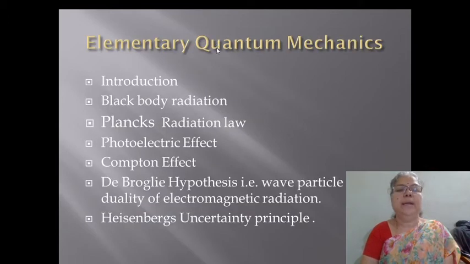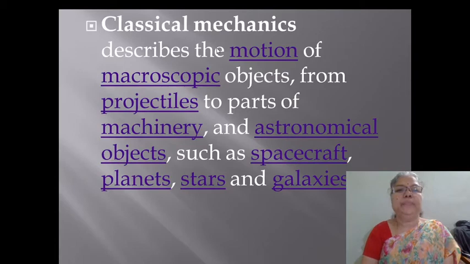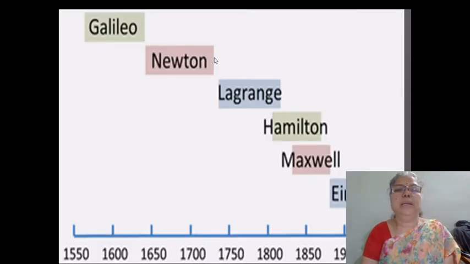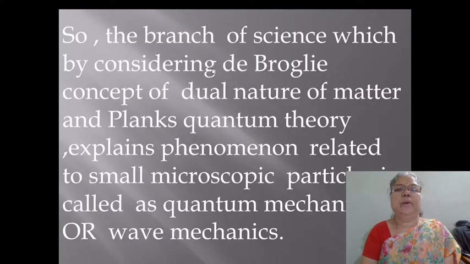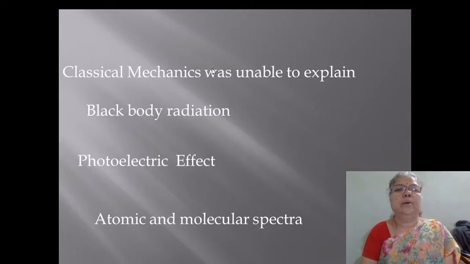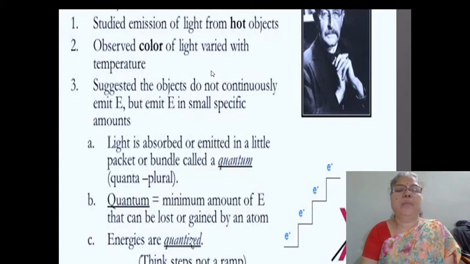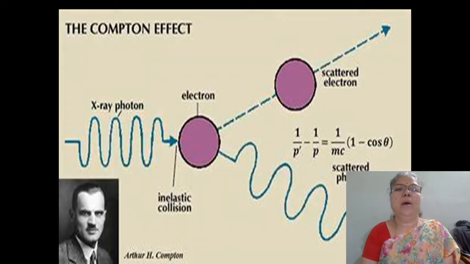Then the next point that we have studied is Heisenberg's uncertainty principle. According to Heisenberg, simultaneous determination of position and momentum is not possible for micro particles.